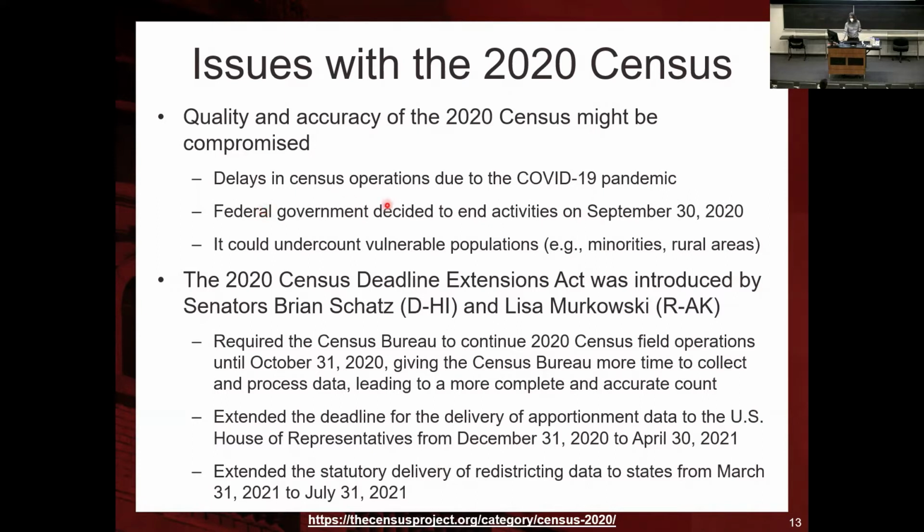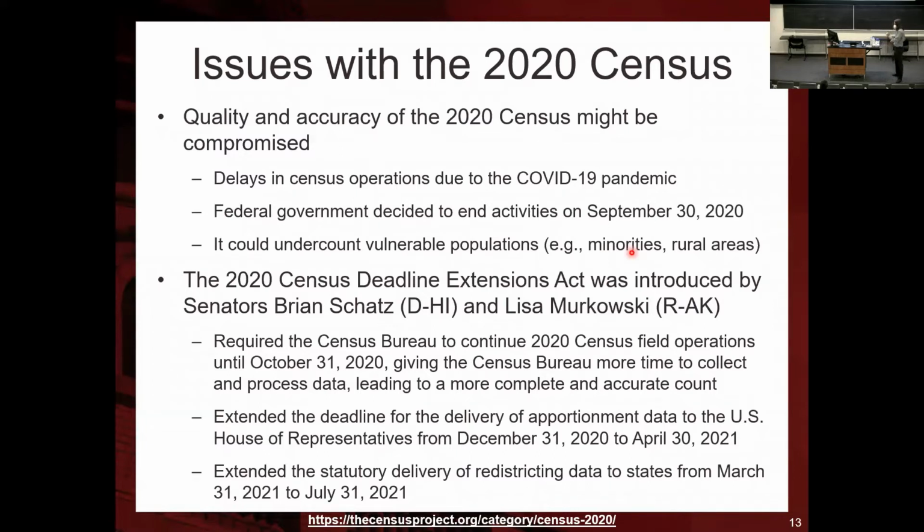So first, there were delays in census operations due to the COVID-19 pandemic. And the federal government decided to end activities on September 30th, 2020. And when you try to finish the activities faster than expected, the more vulnerable populations, the ones that live in farther away areas like rural areas, or minorities that are harder to access, tend to be undercounted.